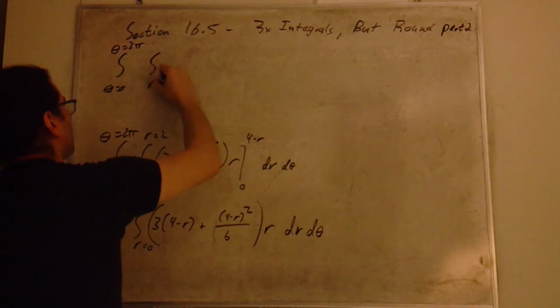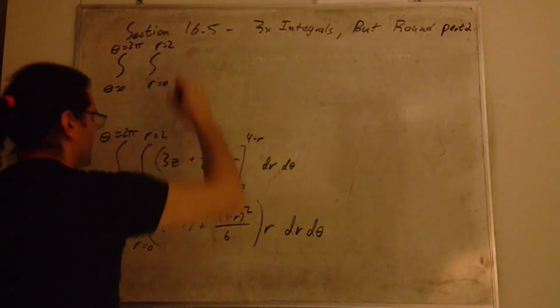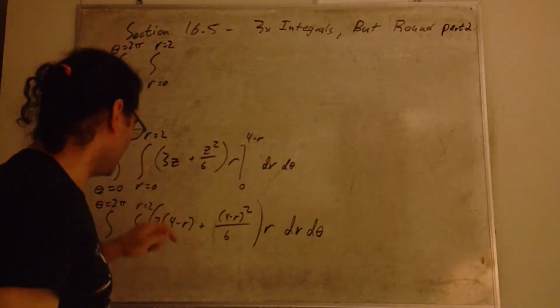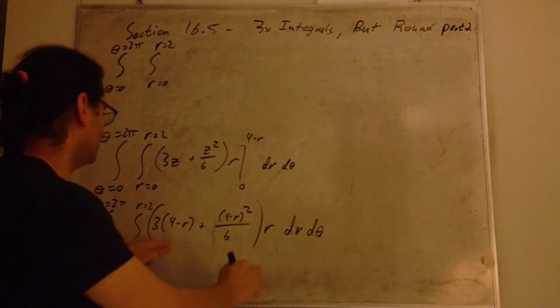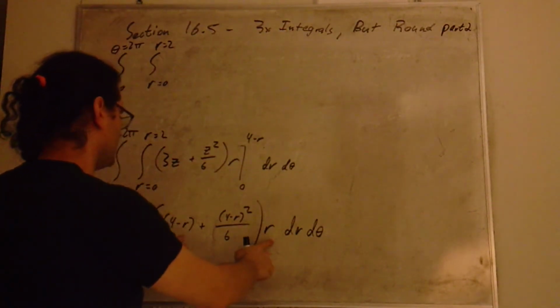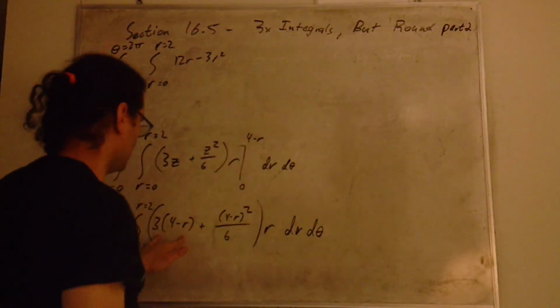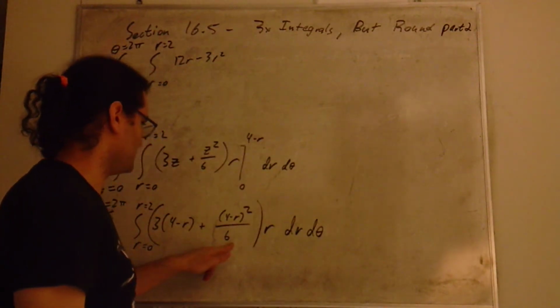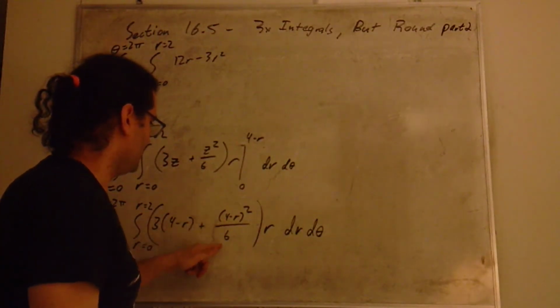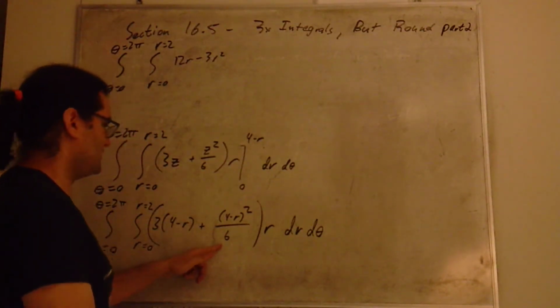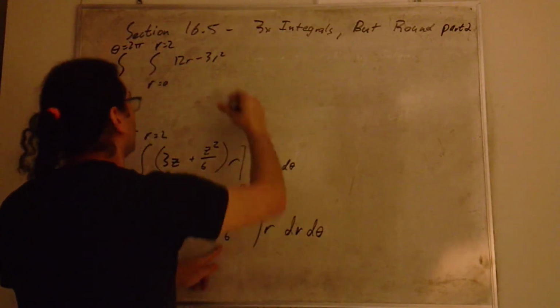We're still going from r equals 0 to r equals 2. And now this mess right here, this is going to be 12r minus 3r squared. This piece is going to give us a 16 over 6 r.